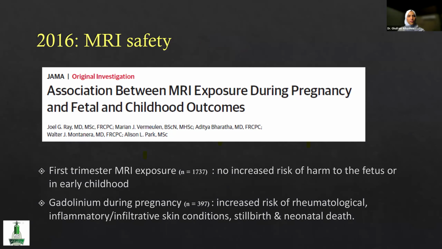Looking at fetal MRI safety, this study published in 2016 with a large number of fetuses exposed to fetal MRI showed that there was no increased risk of harm to the fetus or risk in early childhood when the fetuses were exposed to fetal MRI.